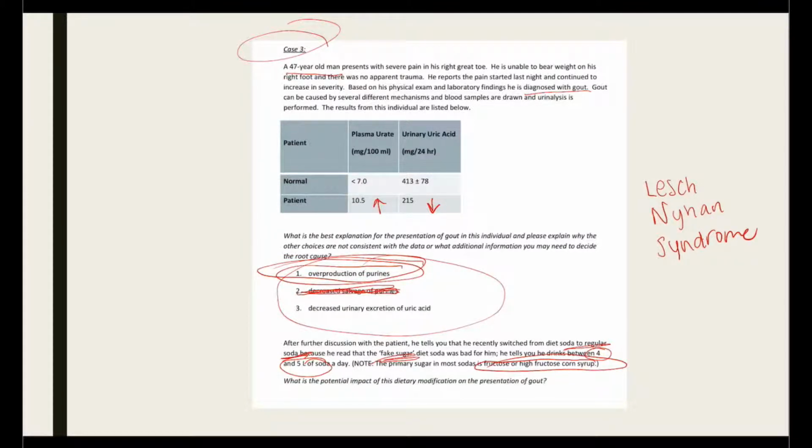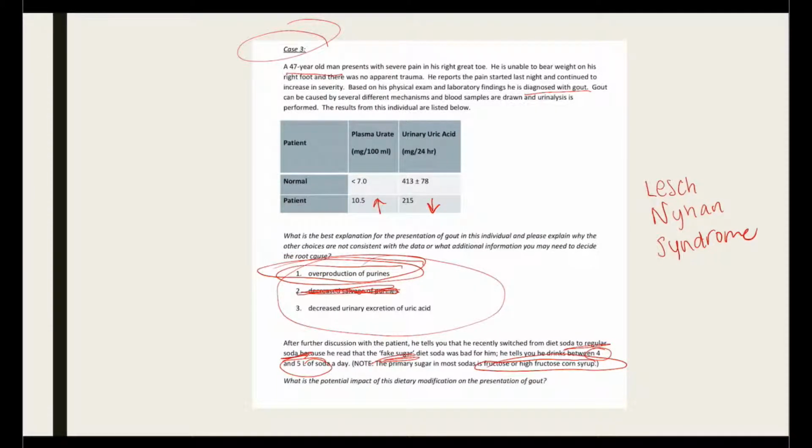Now for the decreased urinary excretion of uric acid, I also believe this to be incorrect. There just isn't enough information to justify this answer. To determine if this was the cause of his gout, a more detailed medical history would need to be taken, specifically about his alcohol consumption, and additional lab work would be needed also, because the primary cause for the underexcretion of uric acid is excessive alcohol consumption.